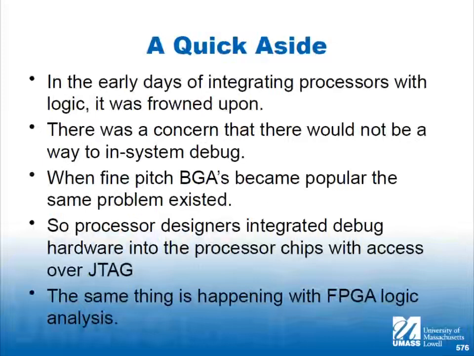There was a time, and I have a story to finish this. There was a time when if you wanted to do microprocessor design, you had to have a microprocessor on the board and an FPGA on the board. And the microprocessor was something that you pull out of the socket, you plug in something that looked like what I had on the previous page, and you plug the microprocessor on it.